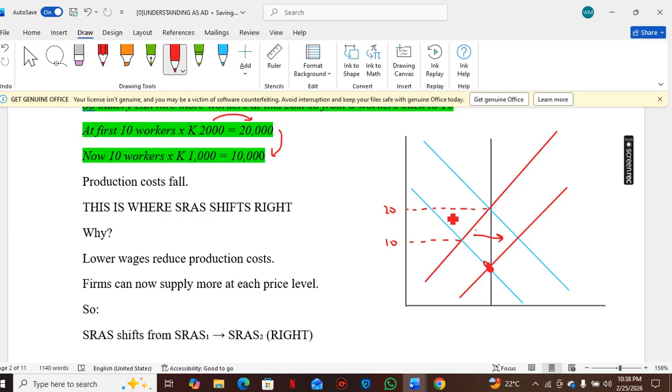First demand shifted, as you can see from this blue one, it shifted here. Then short run aggregate supply shifts, which brings us back to equilibrium, full employment.